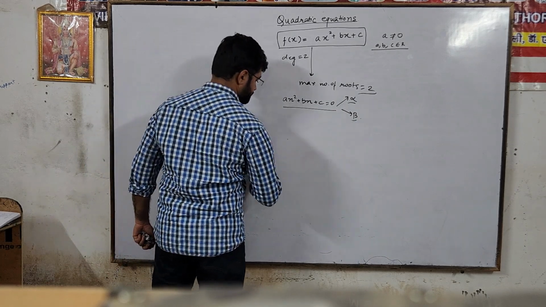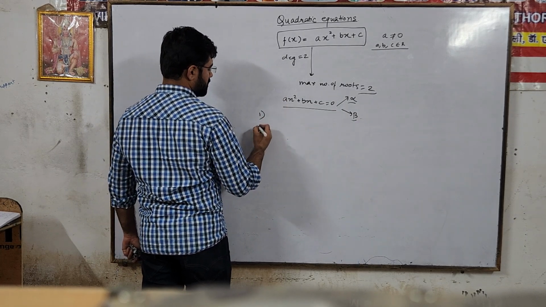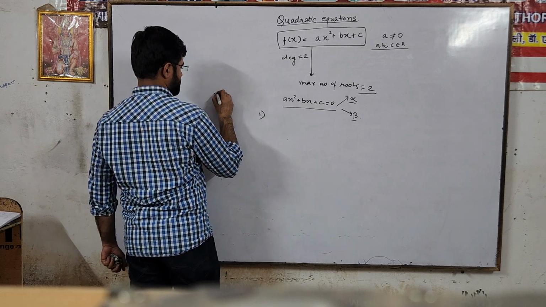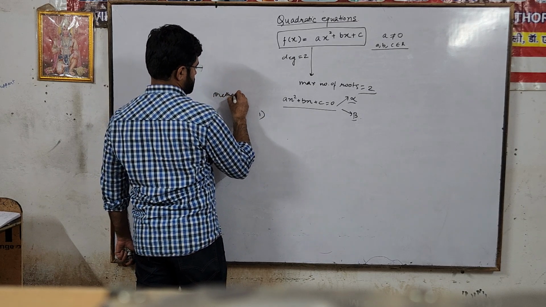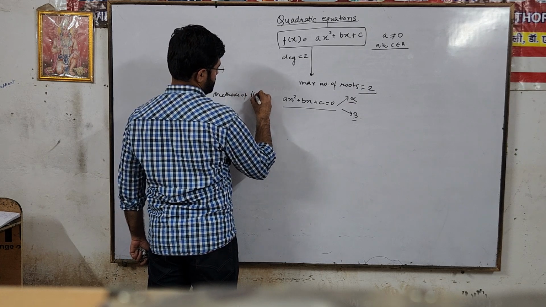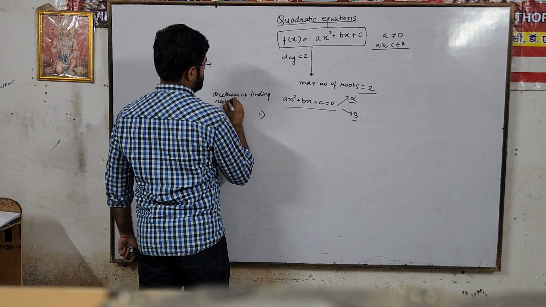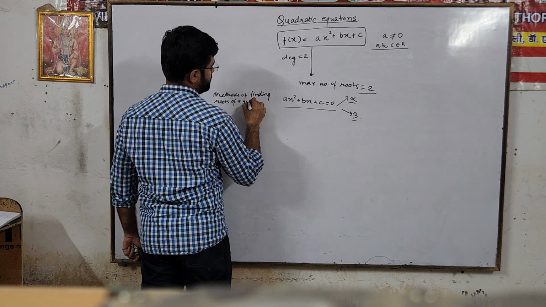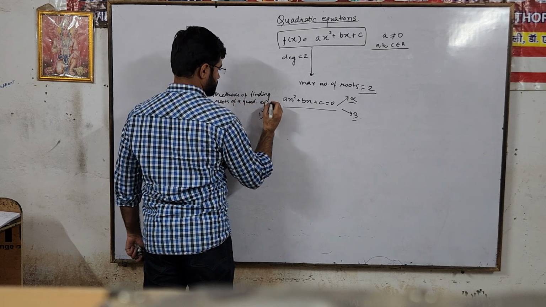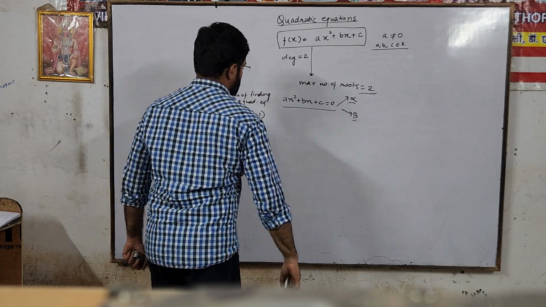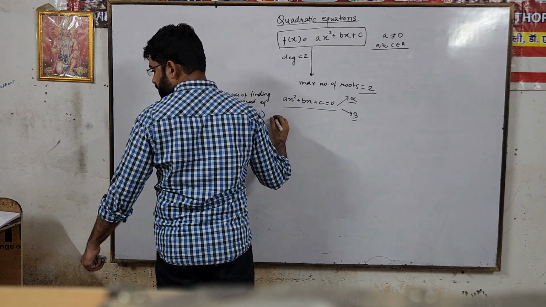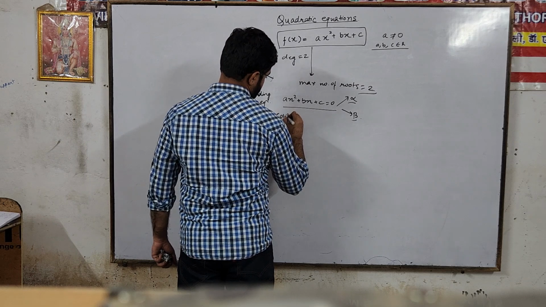These are the general terms used when we talk about roots of the equation. So there are three methods of finding the roots of a quadratic equation. The first one is splitting the middle term.